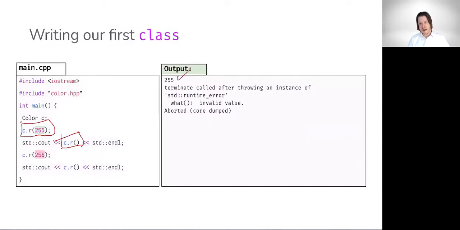Here I can see that, okay, R did take on the value of 255. Excellent. Now let's say I inadvertently forgot that it was between 0 and 255 inclusive, and pass in 256, or for all intents and purposes, any value larger than 255, or any negative value.